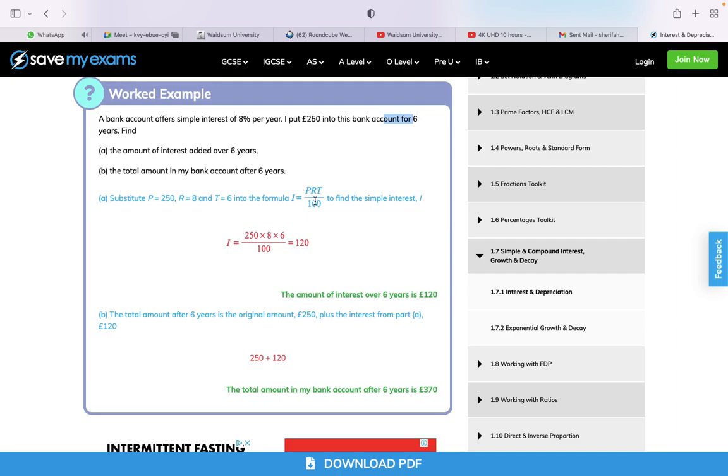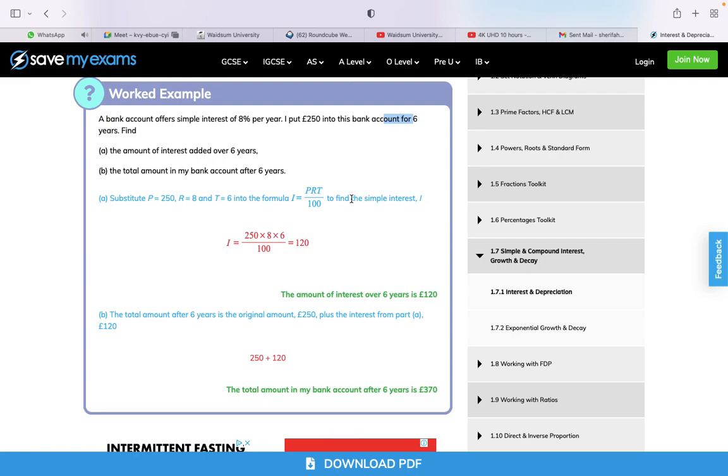In compound interest, this is what they will do. They will take the principal times the rate, 8, times, they will use the first year, they will call it 1 year first. They will use 1. So you say 250 times R times 1 over 100, right?